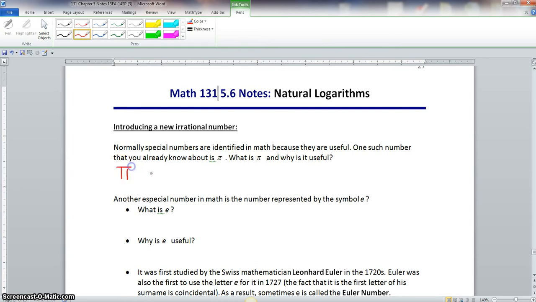Pi we typically write as an approximation, but pi actually goes on forever. So we can write the first four digits after the decimal and these dots, or periods, to let you know it goes on forever, with no pattern.